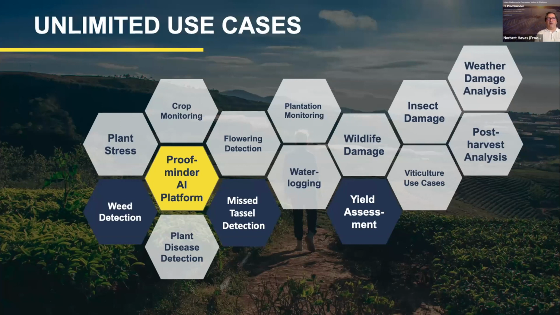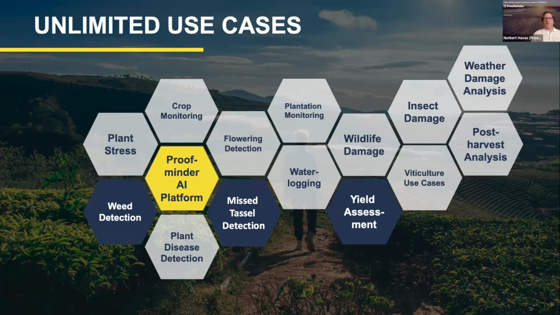We're not only concentrated on that segment. Seed production is very important for us, but we also use this drone technology and AI technology for other things. It can be used for weed detection. It can be used for yield assessment.